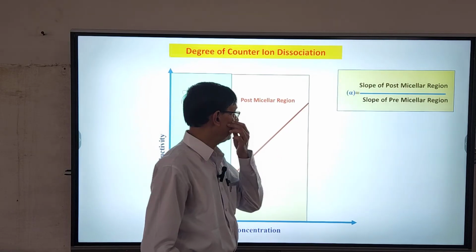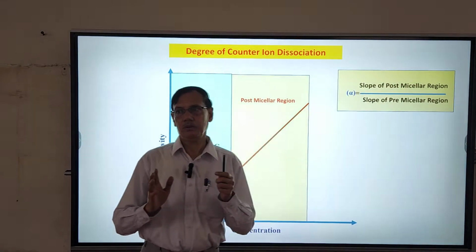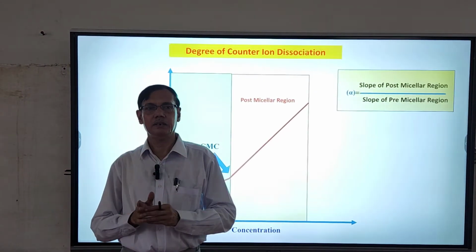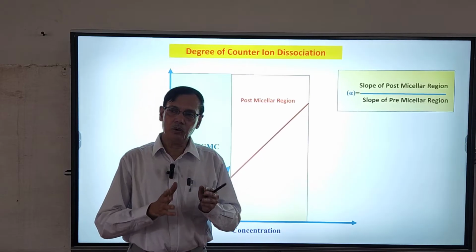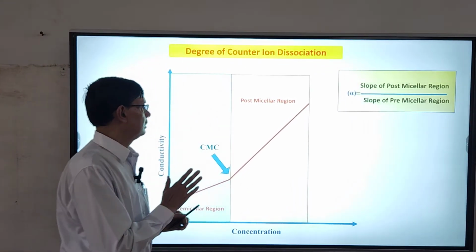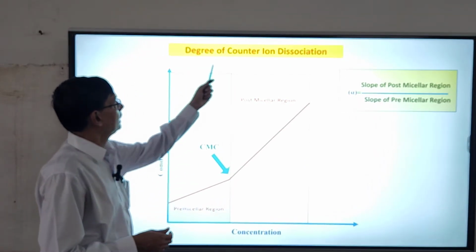Please look at it very carefully. Although there are other methods available for the degree of dissociation and degree of counter ion binding, the conductometric method is the simplest method for the determination of this.